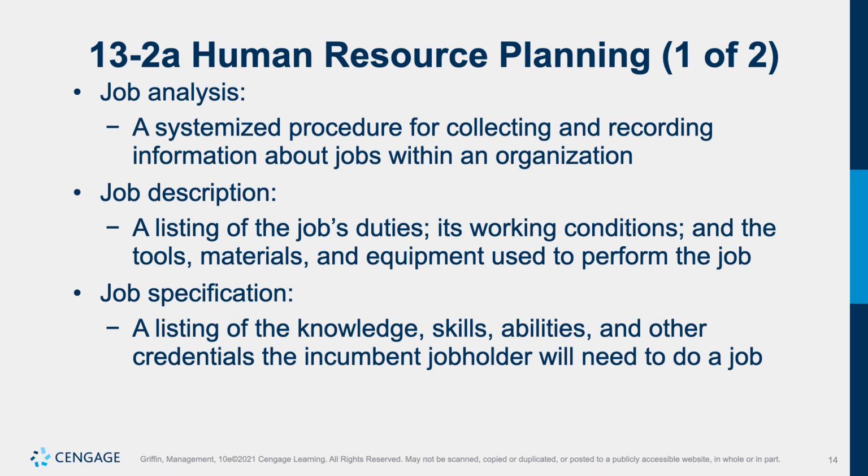Whereas job specification, on the other hand, has to do with a listing of the knowledge, skills, abilities, and other credentials that whoever is going to take up that job function or job role is going to be equipped with. So it's basically telling you the employee specification that would be a fit for that role to ensure quality performance in that role.